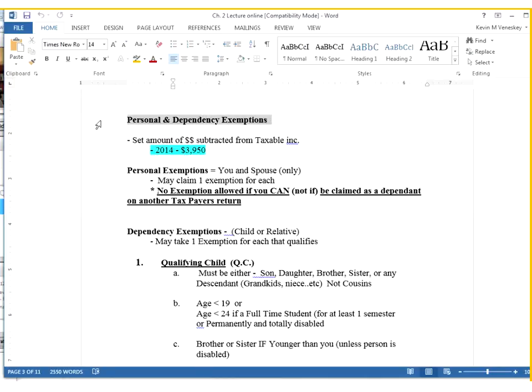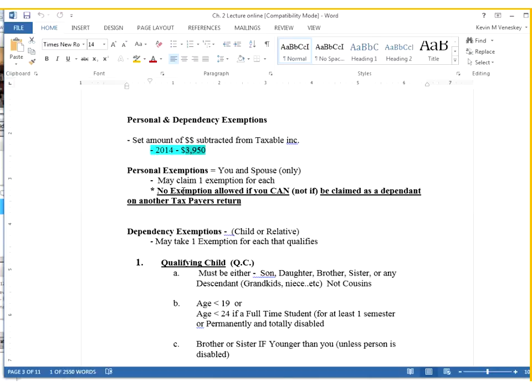Personal exemptions. Every time you count yourself or you count your spouse or any dependents, you get an extra $3,950 taken off of your taxes. And let's make that the second polling question today. $3,950.